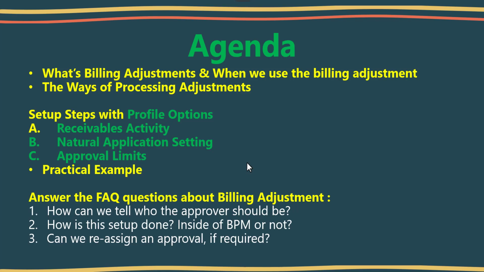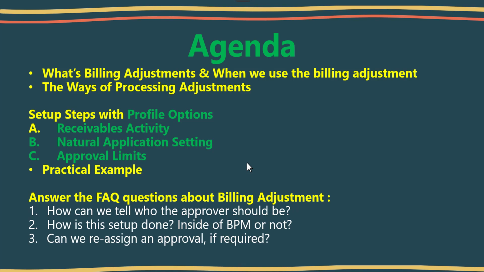Can we reassign approval if required? If you have these rules already defined, then you can search where your adjustment was supposed to go for approval according to its value and the approval limits of your approvers. If you don't have this setup, then please maintain it and then try to withdraw the adjustment and submit it again. As I also showed you before, you can reject, approve, and request more information.